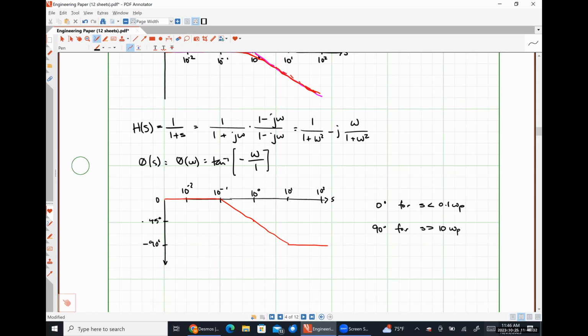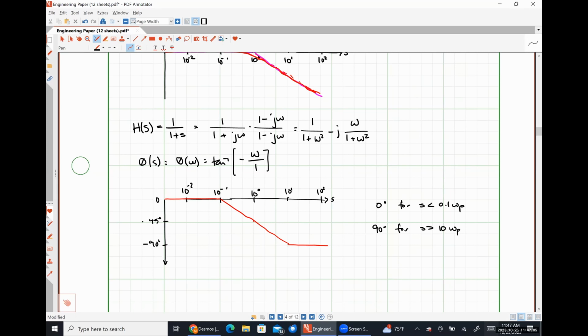So what would happen if we had a repeated pole? What would happen if I added this to another version of this? The transition would start here still, the transition would end here still, but it would go down to negative 180 degrees. Because negative 90 plus negative 90 is negative 180 degrees.